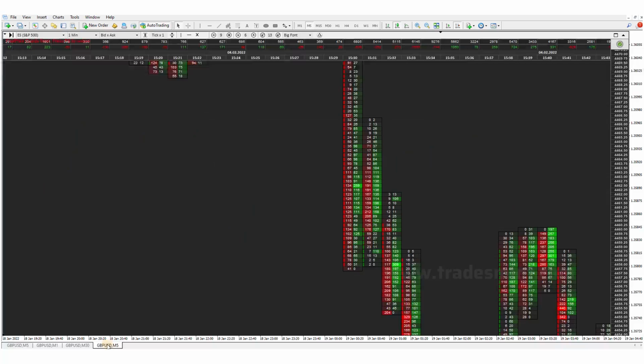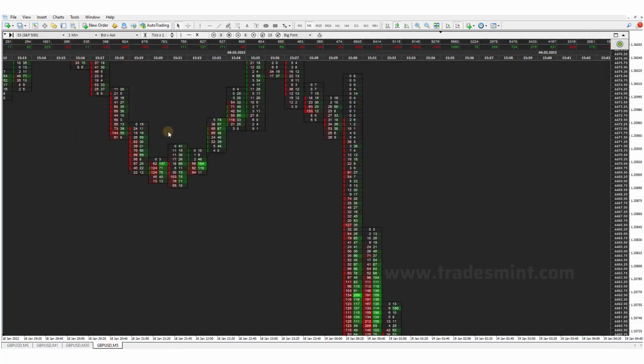Just to compare, this is the footprint chart, also an M1, from the S&P. This is the main asset the creator of footprint loved to trade. So take a look how the volume is here.